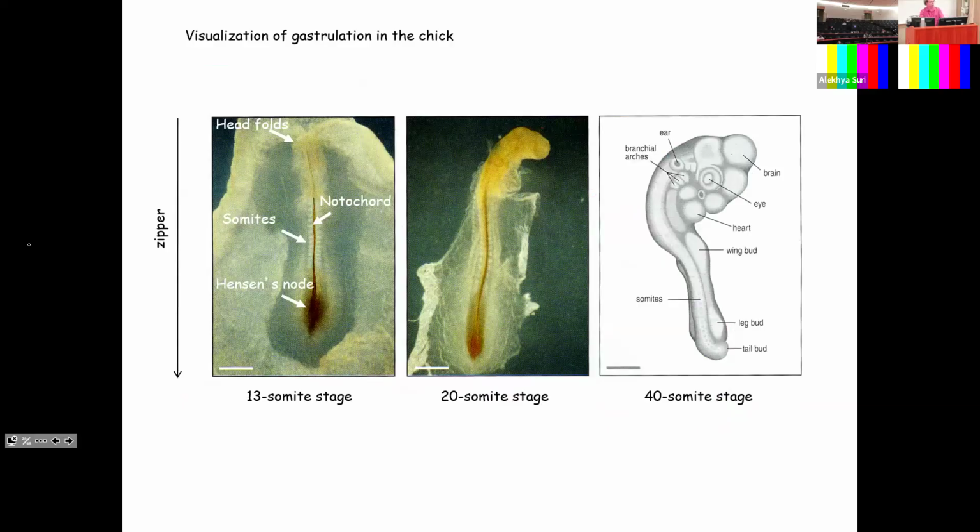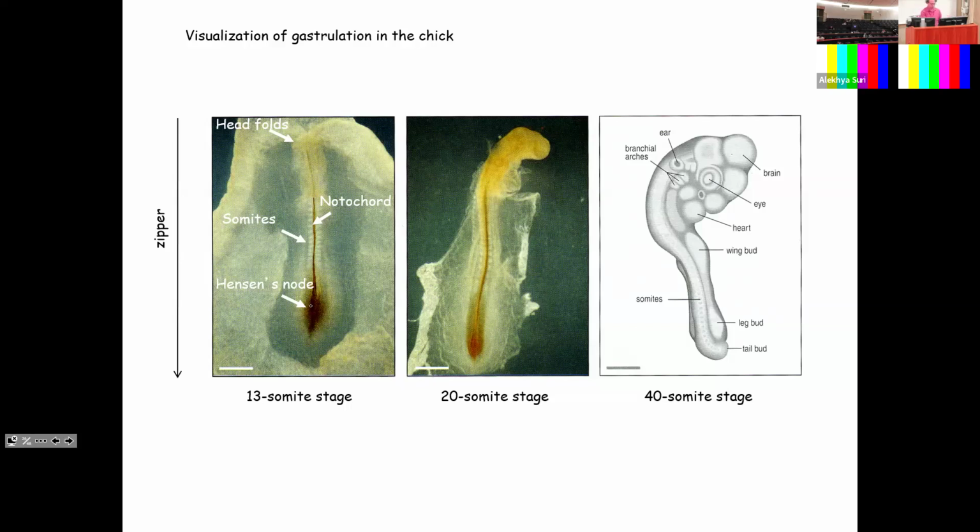Okay, so this is just to show you how colleagues or scientists can study the process of gastrulation. This is in the chick. Again, we can use a chick because the processes are very comparable. And this is to demarcate the notochord, for example.